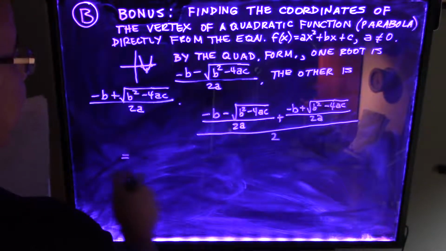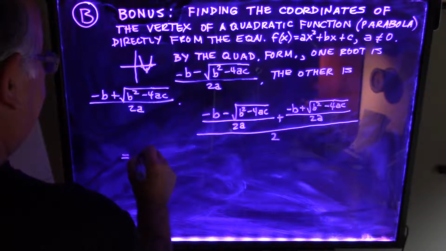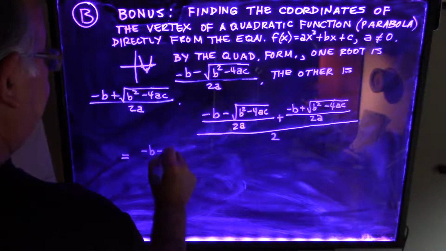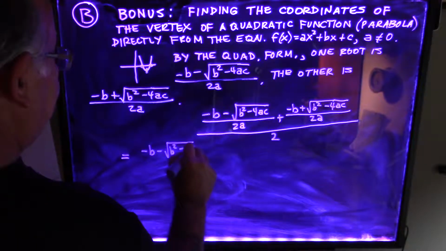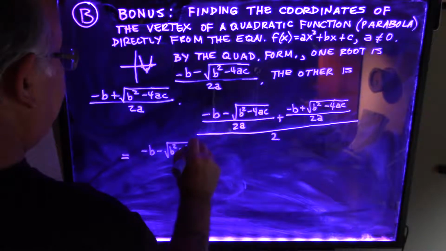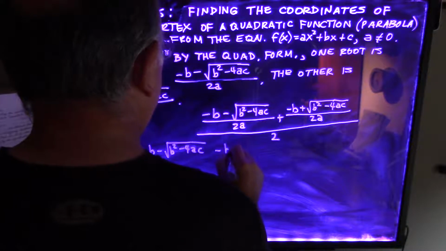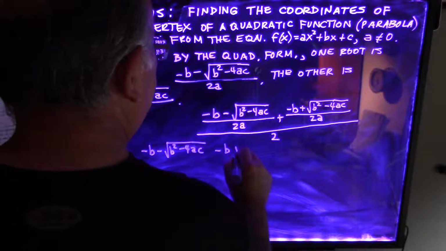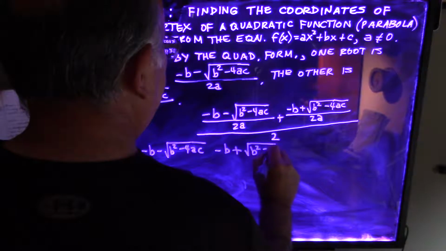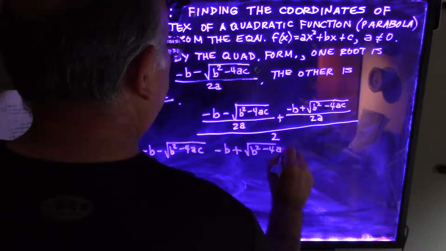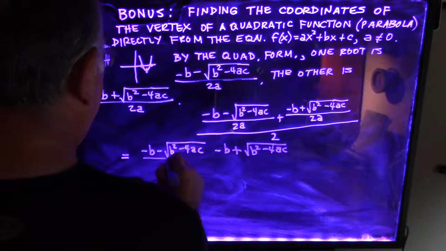They have common denominators on top here, so we'll combine them. Negative b minus square root of b squared minus 4ac, minus b, plus square root of b squared minus 4ac, and that's all over the common denominator of 2a.